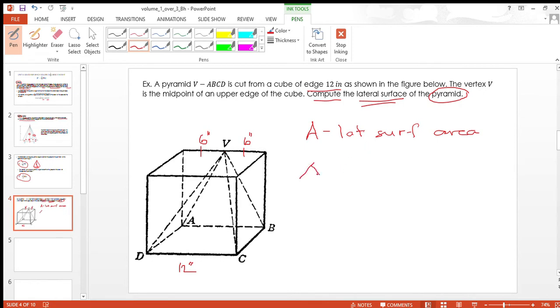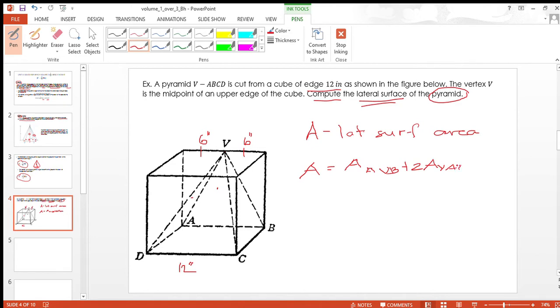So A, if you look at your diagram, will be the area of triangle AVB, and then these two triangles here, triangle VAD and triangle VBC, but they are equal, right? These two triangles are equal, so that will be plus 2 times the area of triangle VAD.